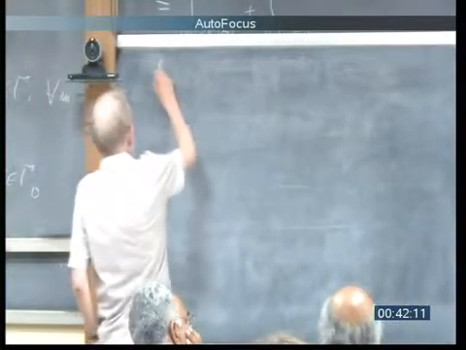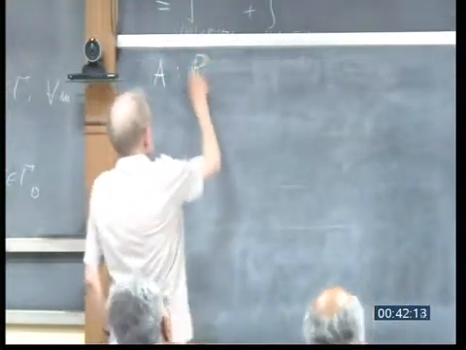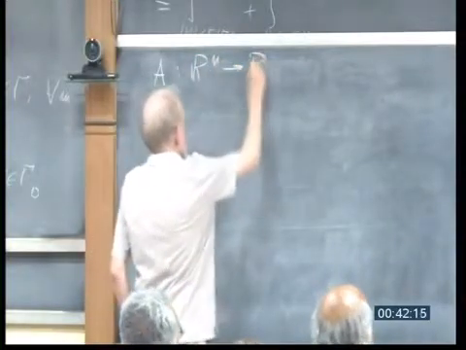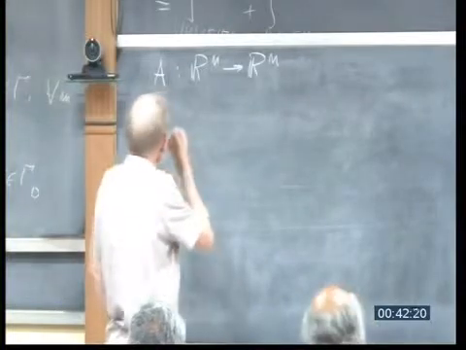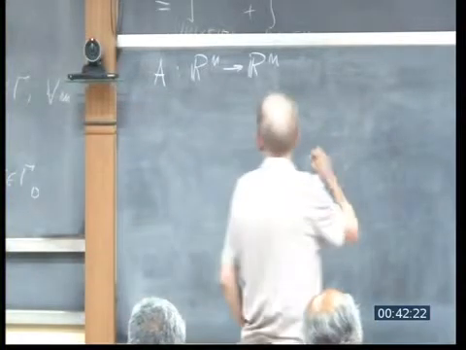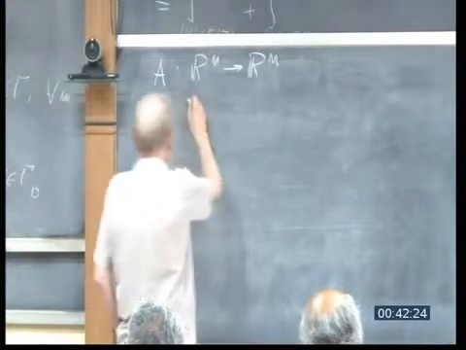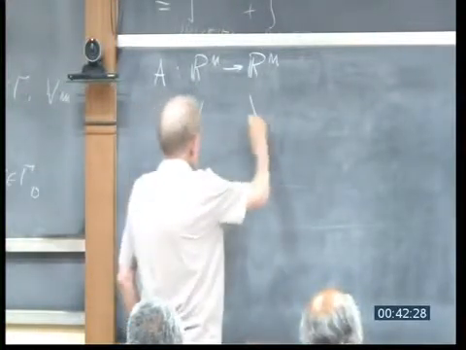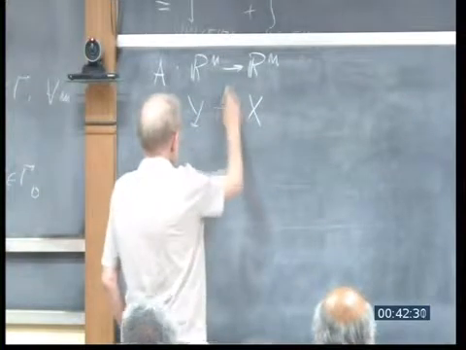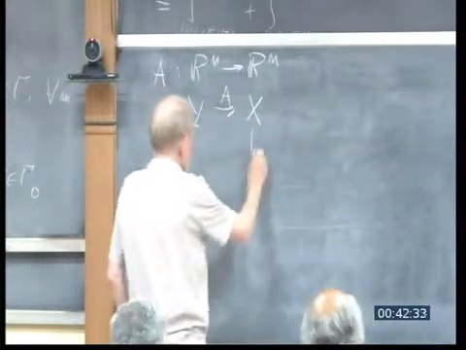So consider a linear map A from R^n to R^n. I will call this y, this x, and here is A, and this is f.